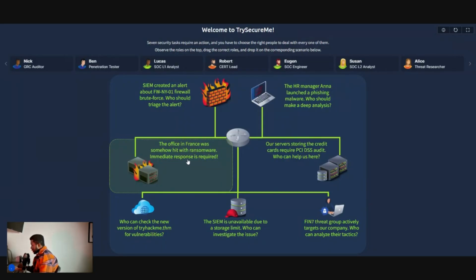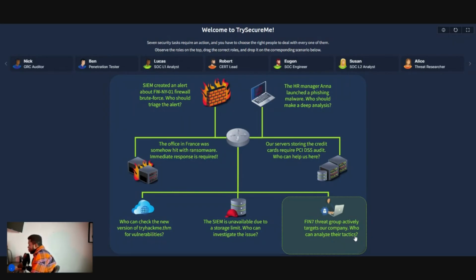Immediate response is required. Our server storing the credit card data requires a PCI DSS audit. Who can help us here? Who can check the new version of tryhackme.thm for vulnerabilities? The SIEM is unavailable due to a storage limit. Who can investigate the issues? FIN7 threat group actively targets our company. Who can analyze their tactics?